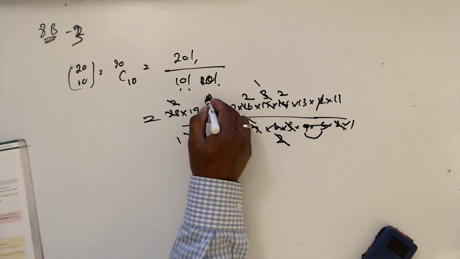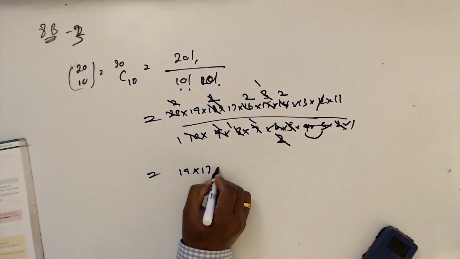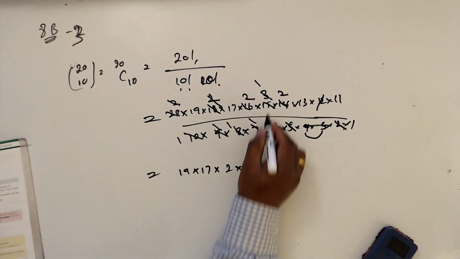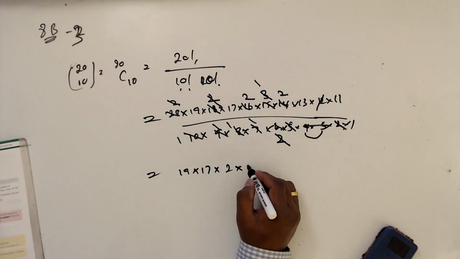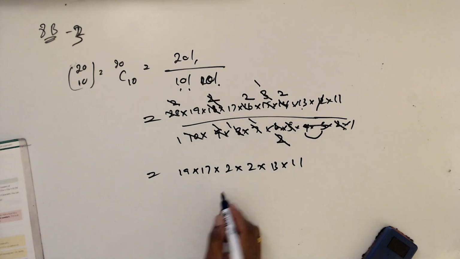This 2 and this 2 cancel out. So remaining 19, 17, 2, and this is 2, and this is 13 and 11, all cancel out down.